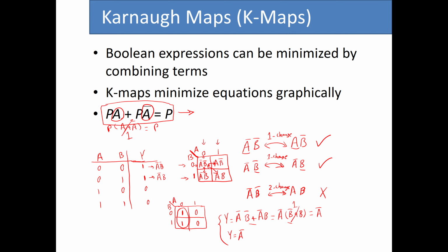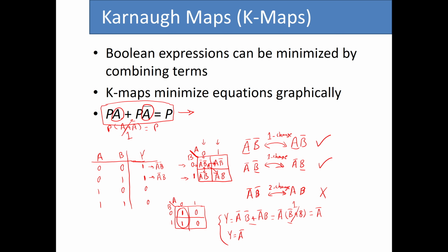Because for the theorems, let's just say if you have a 4 input function, that means that you have 16 possible min terms, right? So if your function has, let's say, 9 of those, applying the theorems one by one can be very time consuming and more specifically prone to error, right? But if you can do it visually, it's going to be much simpler.